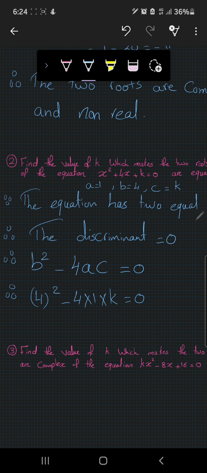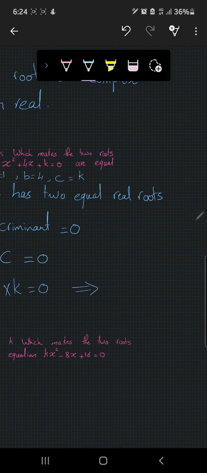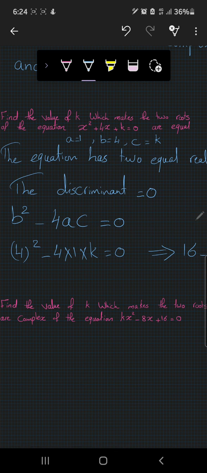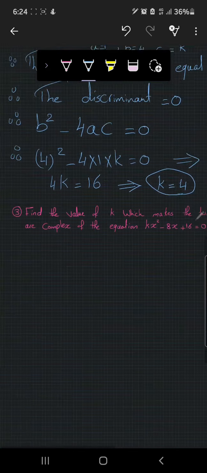We get 16 − 4k = 0. Put 4k on the other side, so 4k = 16, then k = 16 divided by 4, k = 4. Then the value of k equals 4.